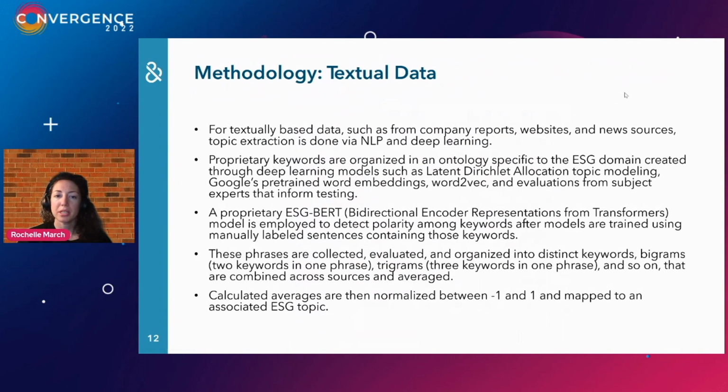So, a little bit more detail for the textual data, like company reports, websites, news, NGO data too. We created a number of proprietary keywords specific to the ESG ontology, and we created that using a number of deep learning models, and something that we're always iterating on as well.